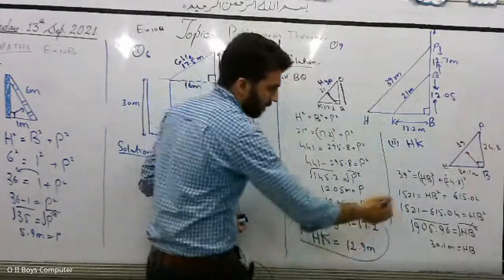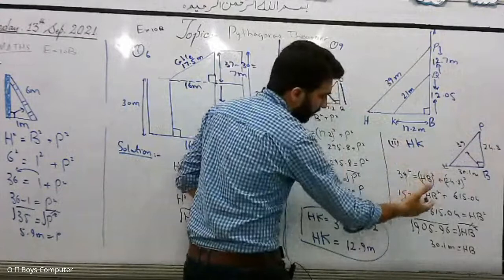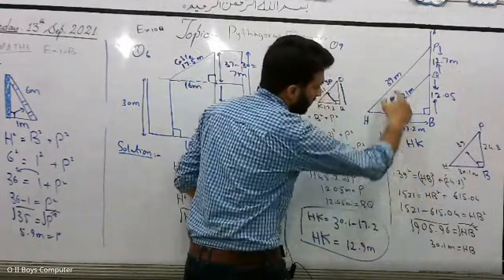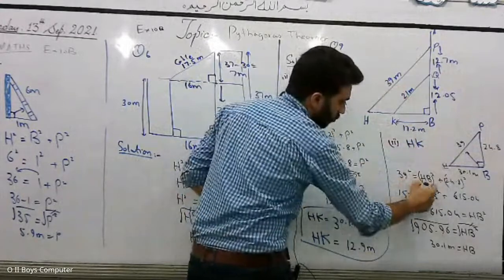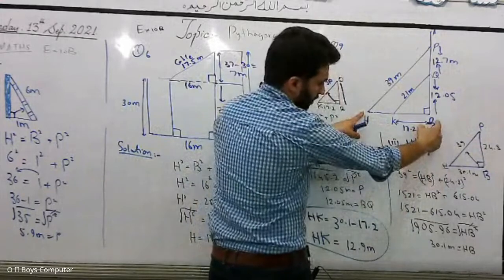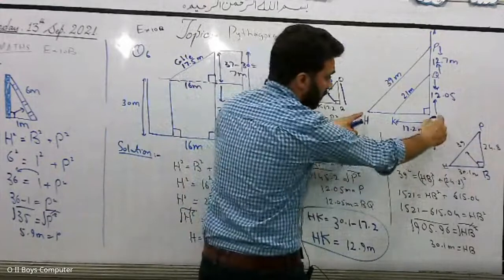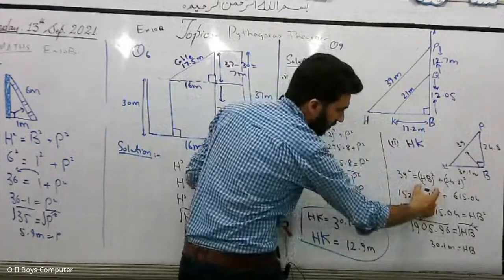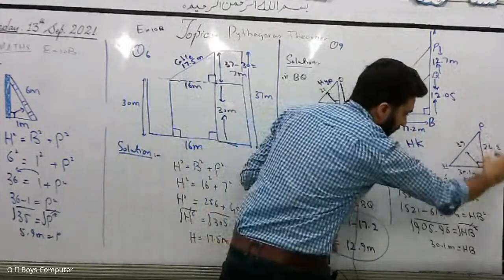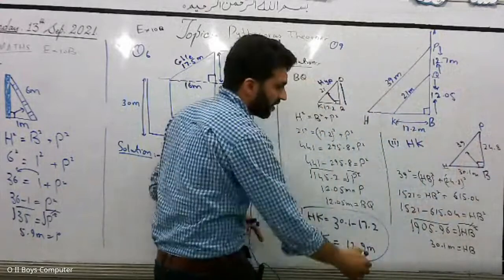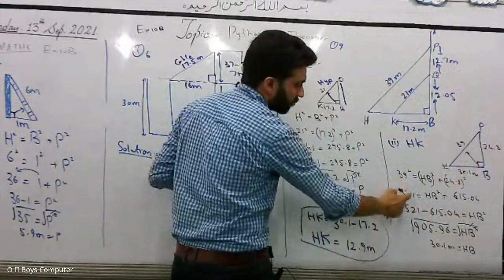Okay, so apply the theorem. Hypotenuse squared, 39 squared, is equal to HB squared plus the perpendicular squared. HB is the main base. For finding HK, we have to find out the main base, HB. So HB is the main base, 24.8 is the perpendicular, right? Open the squares. The square of 39 is 1521.